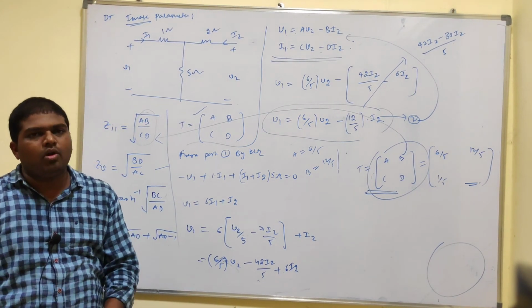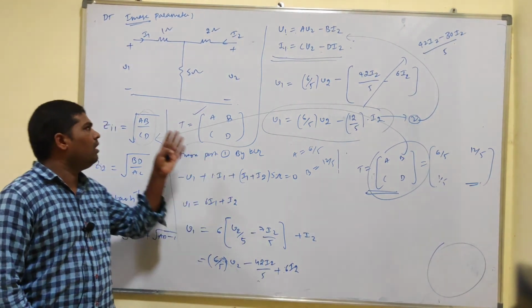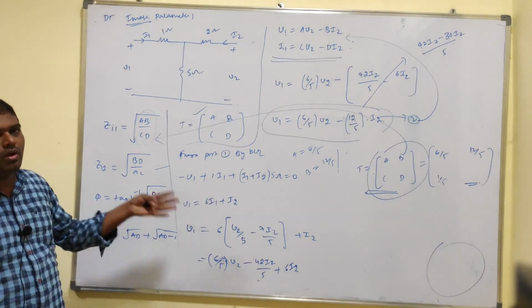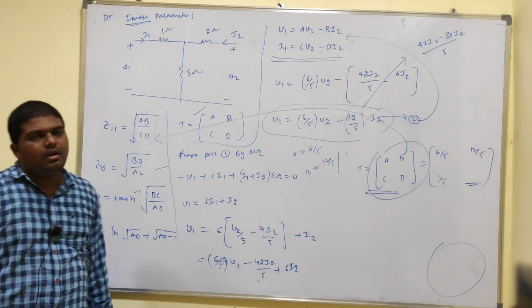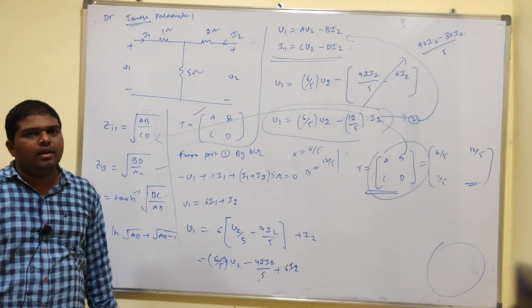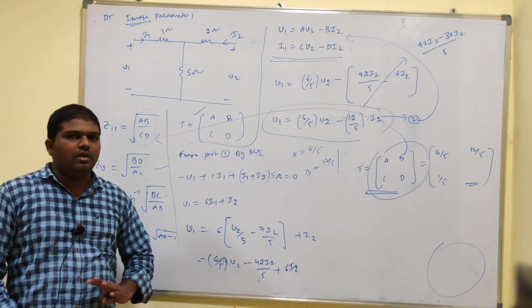Once you get the ABCD values, use these formulas to solve for the image transfer ratio.